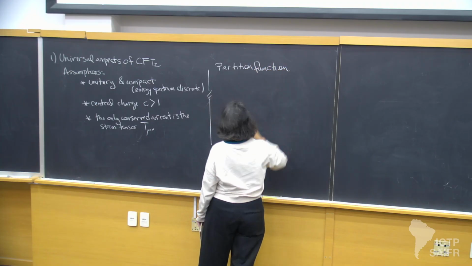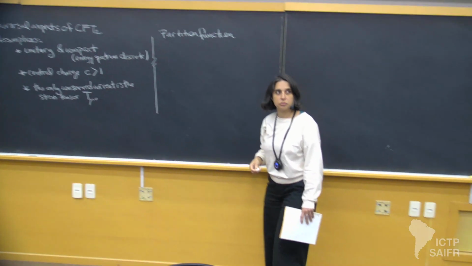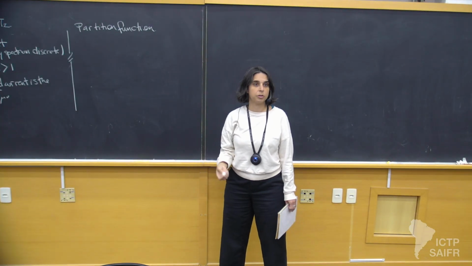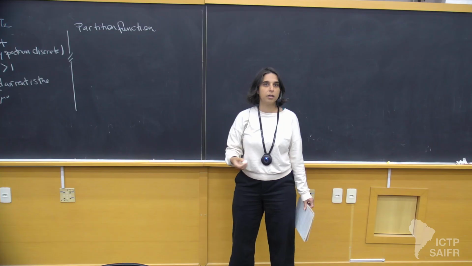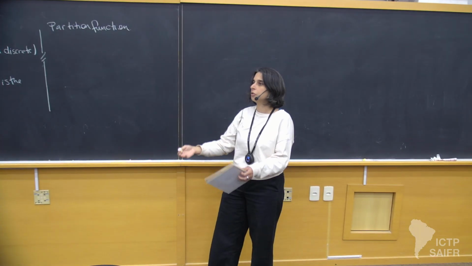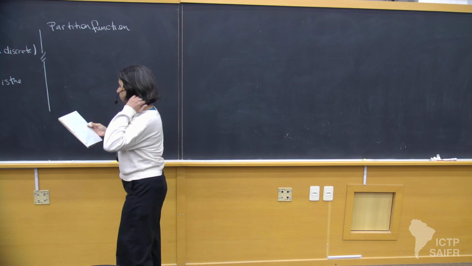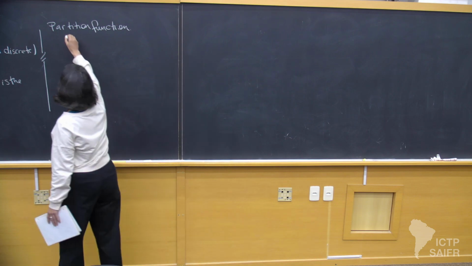I'm going to focus on the partition function just because during the gravity lectures we were talking a lot about the path integral, the partition functions, black hole entropy. So it's the natural thing to go and look at.